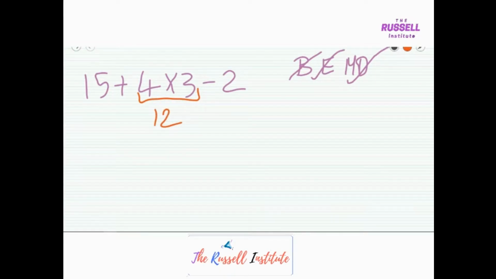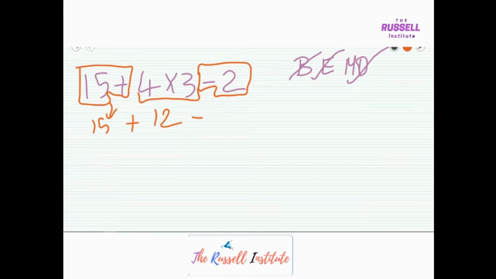Is there anything in this that I did not use? Yes, I did not use the 15 and the plus. So let's bring that down. 15 plus. I did not use the subtract and the 2, so bring that down. 15 and 12 is 27. 27 take away 2 is 25. And that's how we do it.